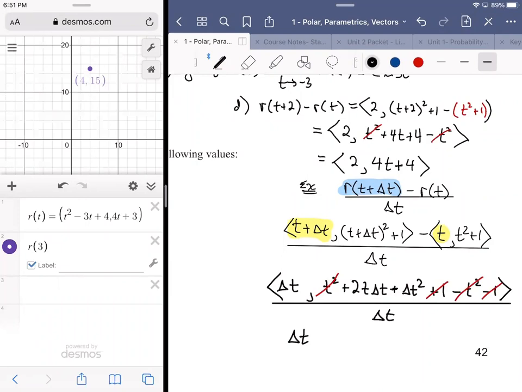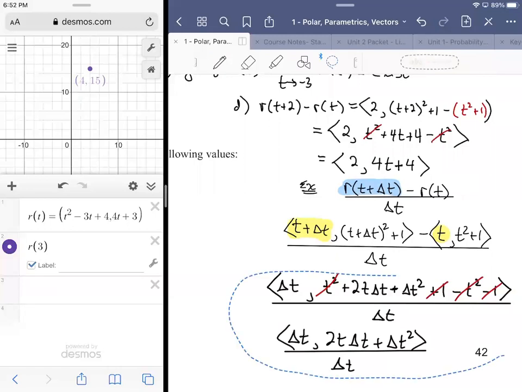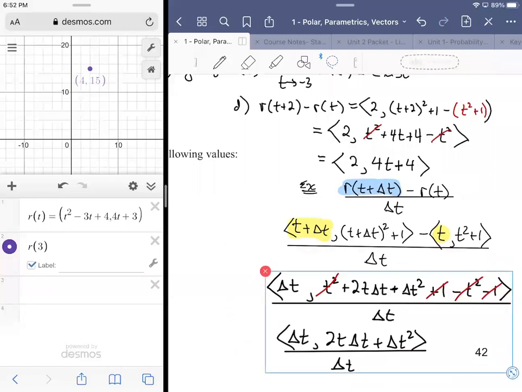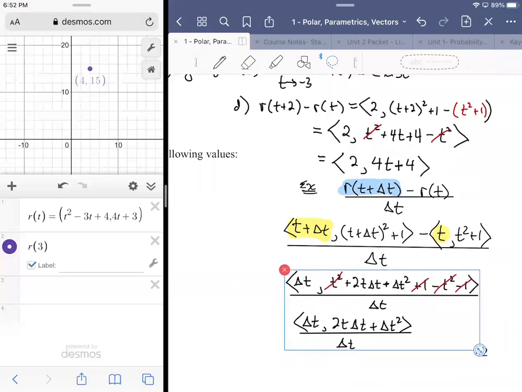Before I do that, I am going to clean it up first, though. So delta T and 2T delta T plus delta T squared over delta T. Now, this next part, what I'm about to explain, it doesn't always get interpreted the way I want it to be interpreted.